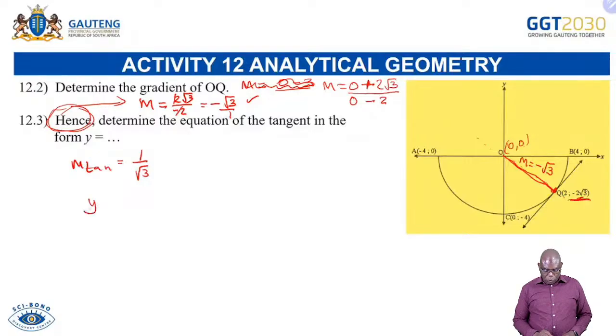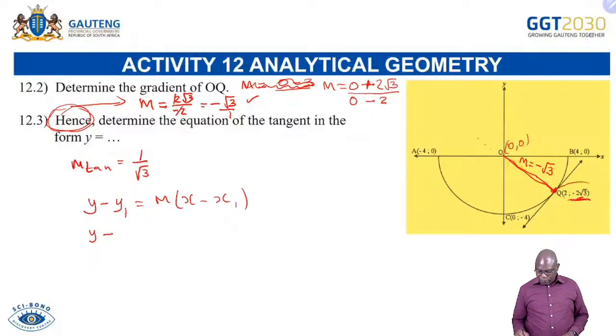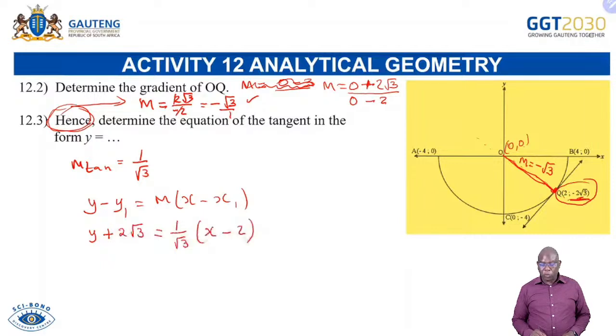Then I'm going to use y minus y1 equals m into x minus x1. Remember now I'm using this point here, so this is going to be y plus root 3, the gradient is 1 over root 3, and x1 is minus 2.